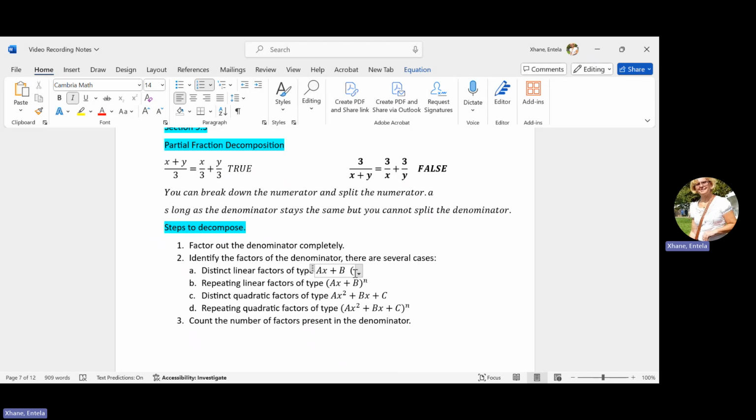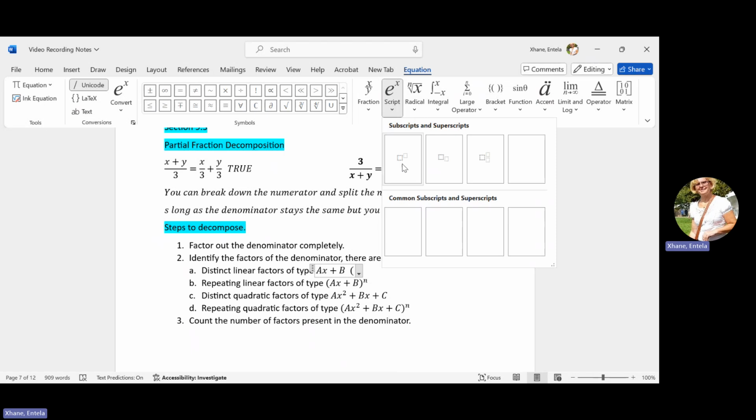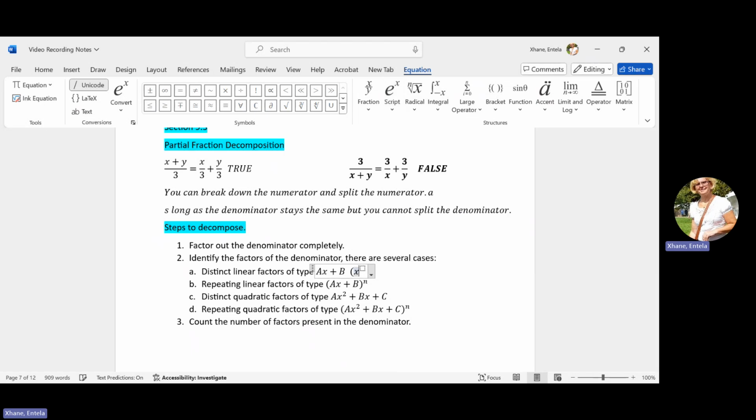Let's say I have a quadratic function given in the form of x squared plus 7x plus 10. Now, if I factor it out, using the famous AC method, I'm going to have x plus 5 multiplied by x plus 2.